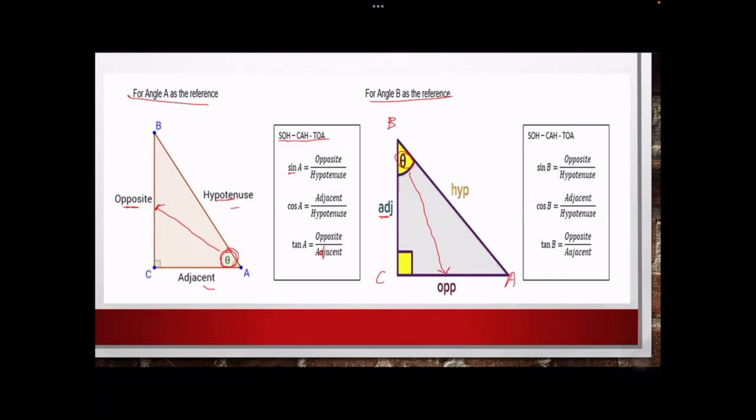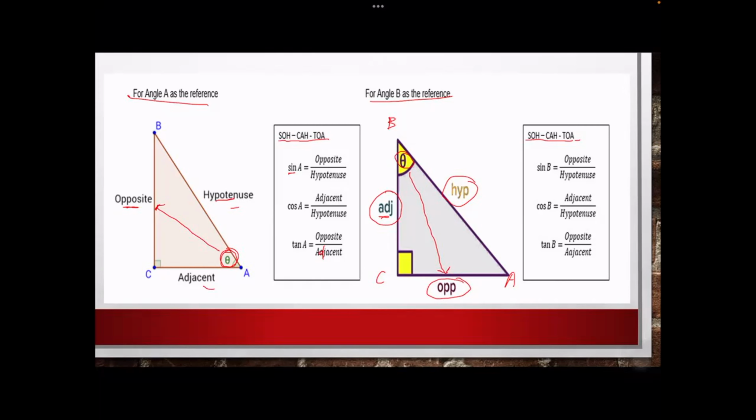Parehas lang din naman sila pag gamitan natin siya ng SOH CAH TOA, pero yung sin B opposite over hypotenuse, yung opposite niya ngayon is nandito na sa baba over the hypotenuse. Tapos yung cosine is adjacent, nandito siya sa gilid over the hypotenuse. So magkaiba sila.